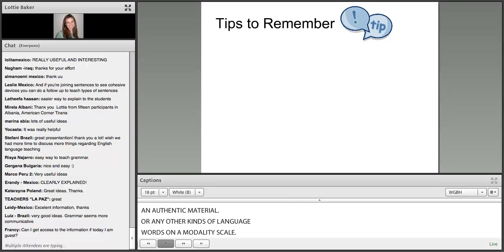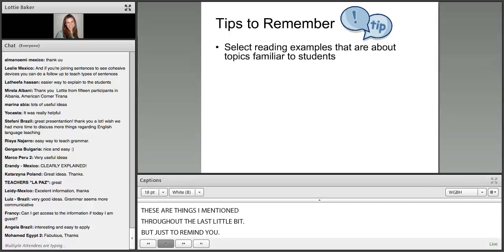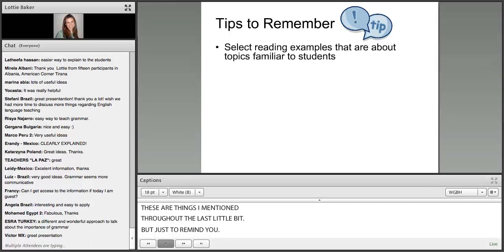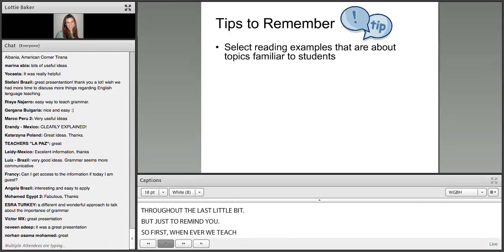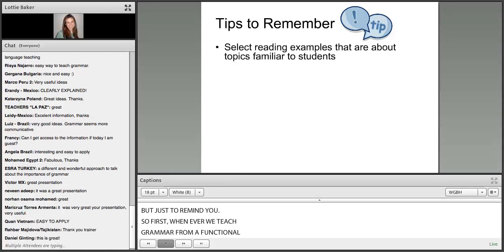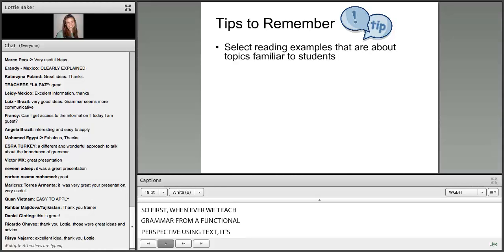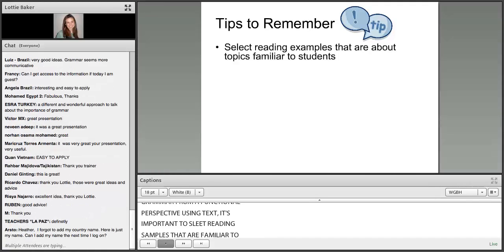So lastly, just some tips to remember. These are things I've mentioned throughout the last little bit, but just to remind you. So first, whenever we teach grammar from a functional perspective using text, it's important to select reading examples that are about topics that are familiar to students, or that students have some background knowledge.